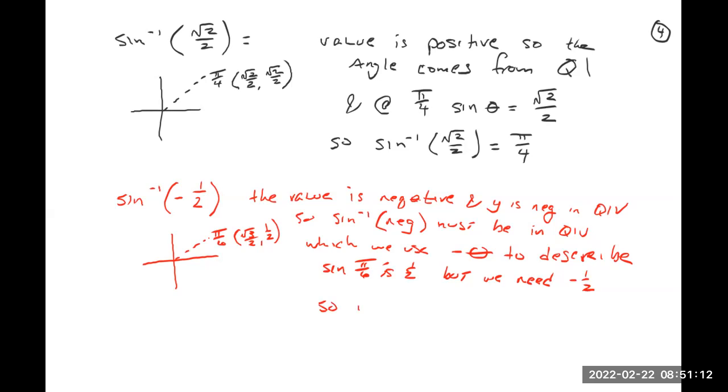So we simply, for arcsine and arctangent only, make the angle negative.